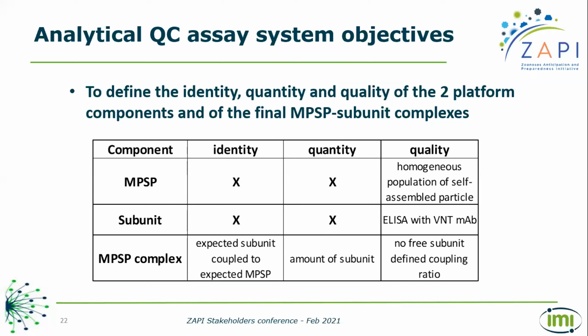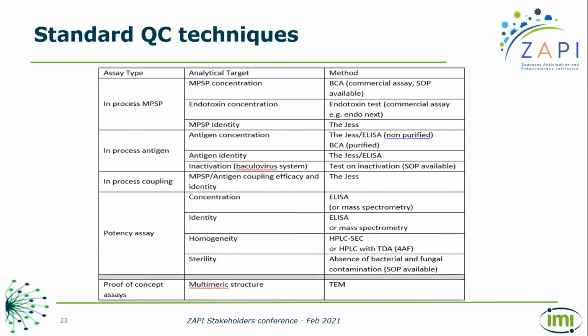Even in an emergency case, there is no risk of mistake because you will work with only the two components. You need also to assess the amount of the subunit on the particle after coupling. And in terms of quality, it's always better that you don't have any free subunit in the final product, because then you have an issue on defining the right ratio between free subunit and the coupled subunit. And this is why it is better to use a specific coupling ratio, as we will see.